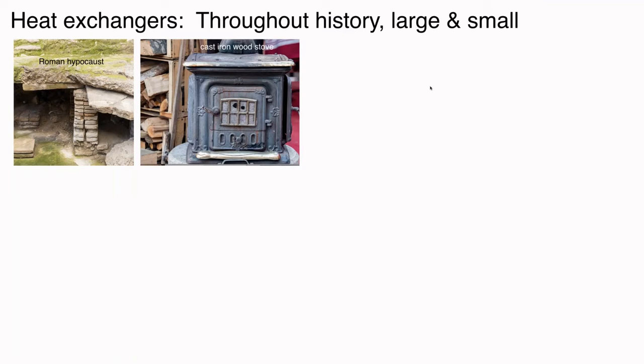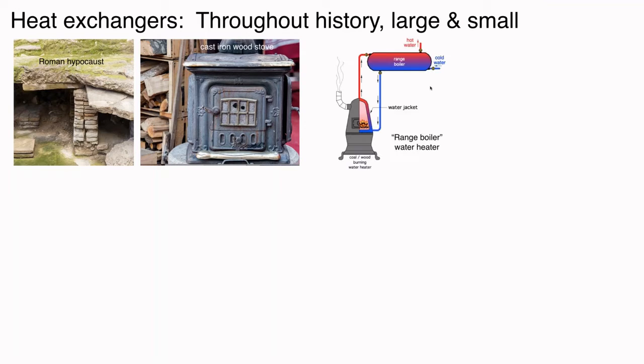A wood stove is another good example where we're exchanging heat between flue gases and heated space. And obviously we're trying to do that, ideally, with zero mixing between the flue gases and that heated space. Some early applications, here's a wood or coal-fired stove that incorporated a water jacket and a device called a range boiler.